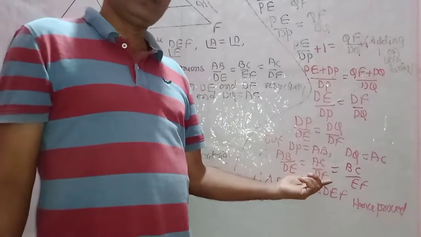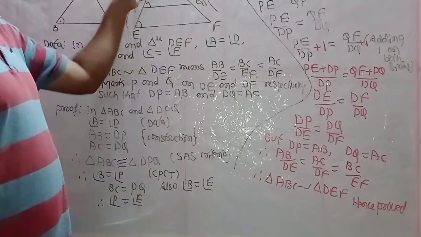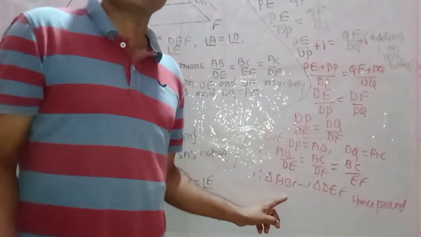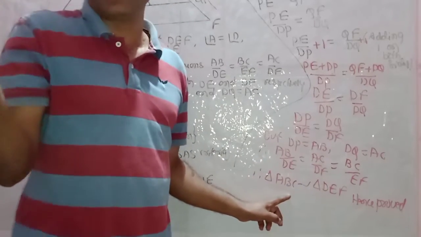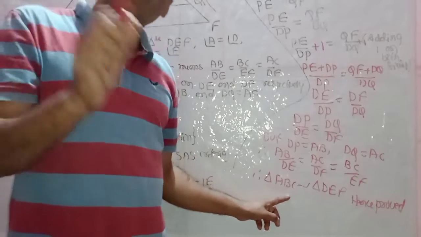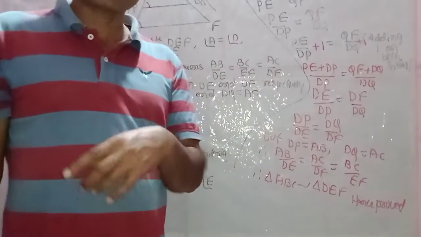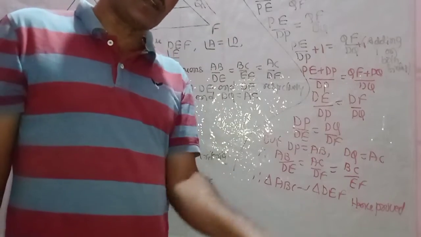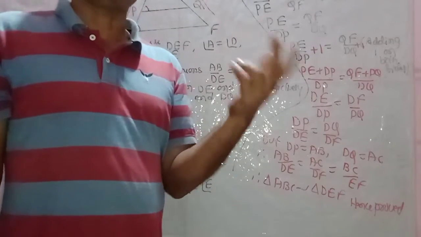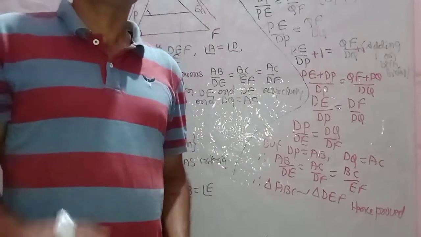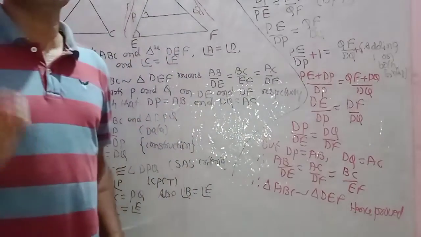So we proved the corresponding sides are in ratio or proportion. Hence, these two triangles are similar, because if the corresponding sides are in ratio, then the two triangles are similar. If two triangles are similar, then their corresponding sides are in ratio or proportion, and if two triangles' sides are in proportion, those two triangles are also similar.